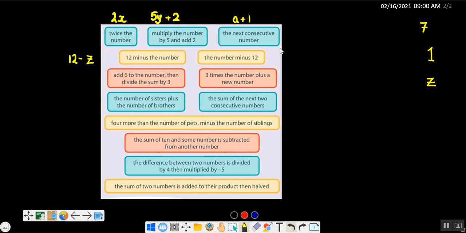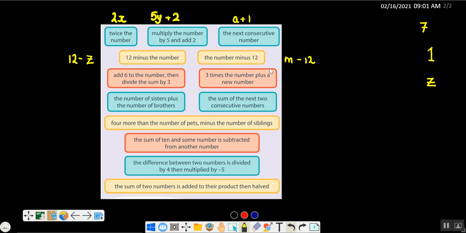So 12, right, the number minus 12. I mean m minus 12. Why is it super important, Sammy? Why have they written these two next to each other? Because they were talking about related.